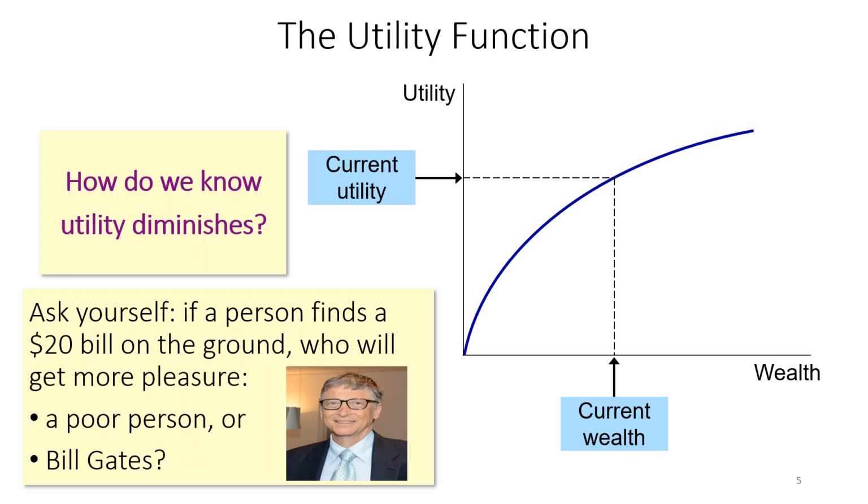If, on the other hand, you're Bill Gates, with I think he's number two in the world in terms of wealth, probably $70 billion worth of wealth, that $20 for him is nothing. He might not even bend down to pick it up. Why? Because in our model, the marginal utility of wealth for Bill Gates of that extra $20 is pretty much zero. So the notion again here is that poor people get more pleasure from the same amount of increase in wealth than a rich person.